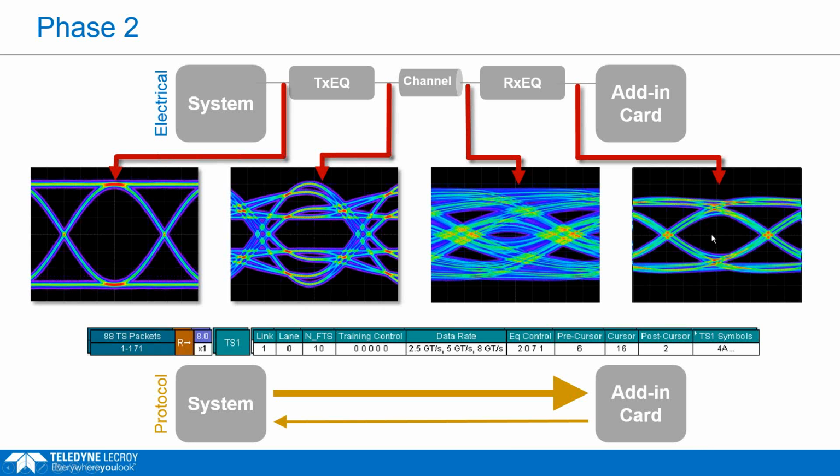It has its own internal algorithm that goes through a bunch of options and figures out which one it likes best. Then it requests another TXEQ setting and adjusts its receiver, and again. Finally they switch, and in phase 3 the system gets to adjust the add-in card's TXEQ and its own RXEQ. So the add-in card goes first, then the system.